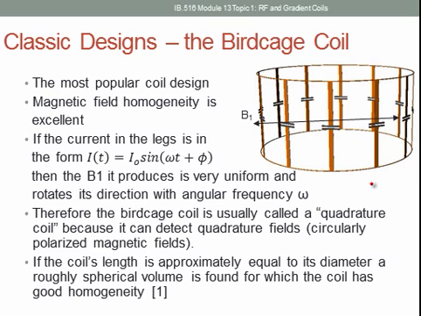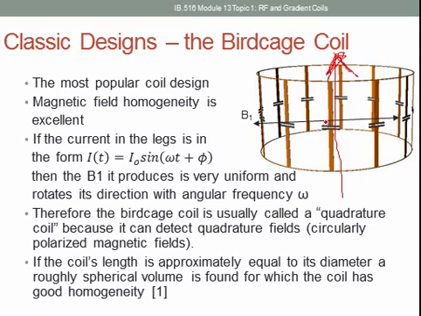Anyway, let's continue. The birdcage coil is a very popular coil because the magnetic field homogeneity inside the coil is excellent. And again, the B1 that it generates is perpendicular. Let's say that B0 is this direction here. Forgive me for this poor drawing.